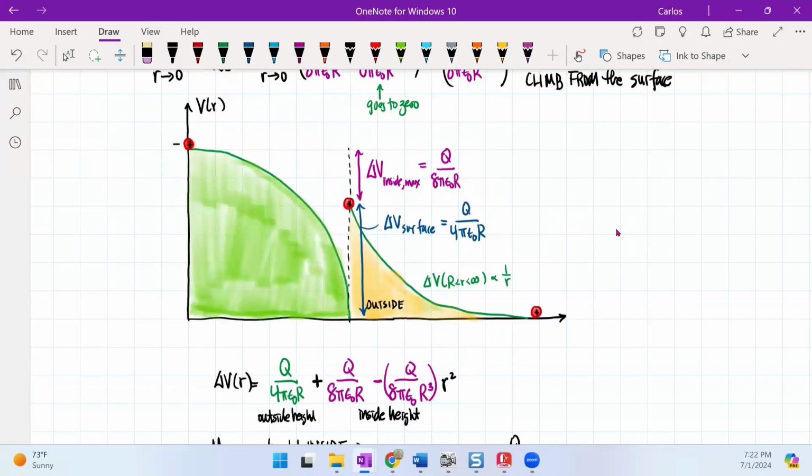The reason why I wanted to reserve this is that, check this out. This tells me that now I have a total height change. I'm going to run out of space, so I'm going to have to do it down below.